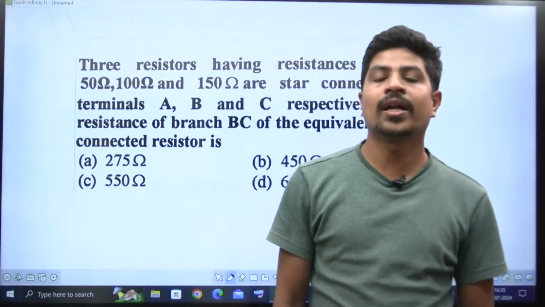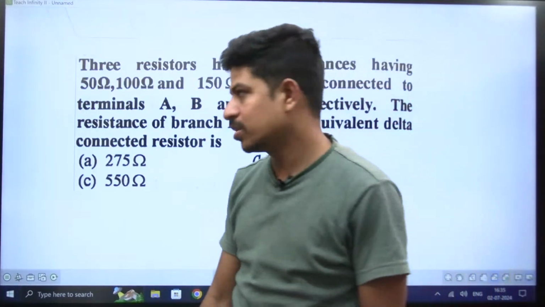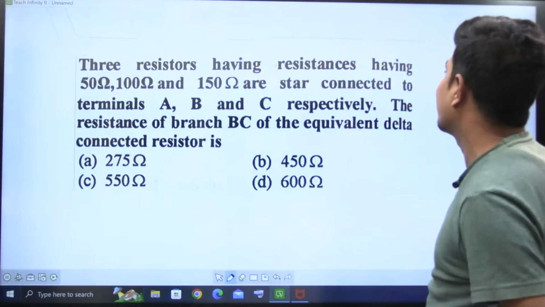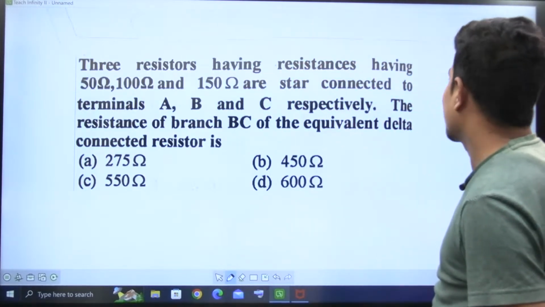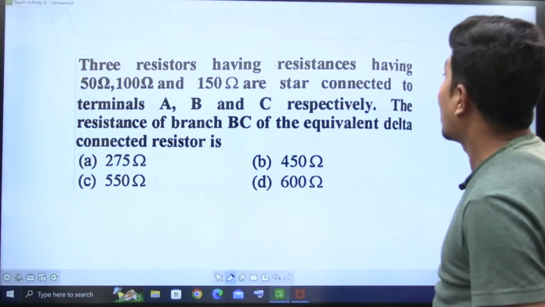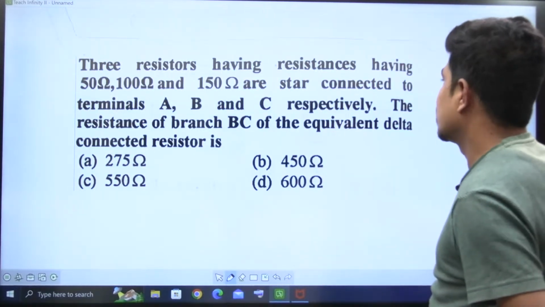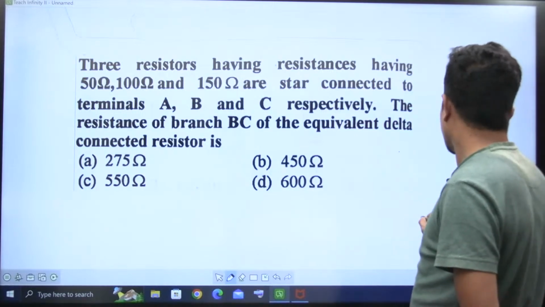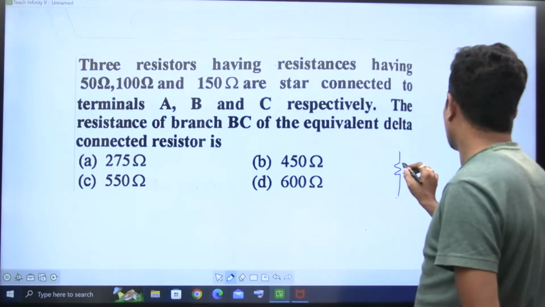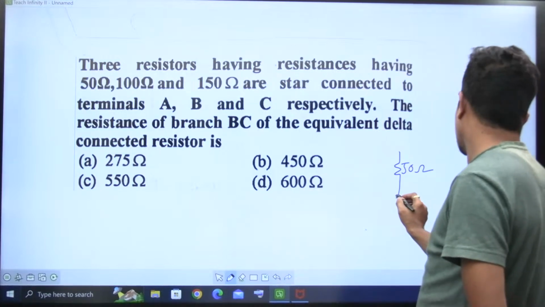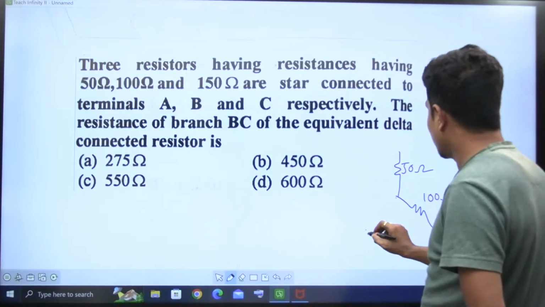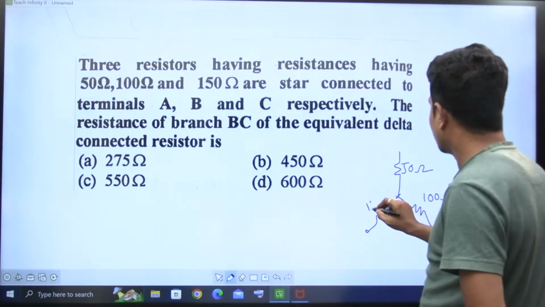Let's enter into the problems. What is the first problem? The resistors having resistances 50 ohms, 100 ohms, and 150 ohms are star connected to terminals A, B, C. Let's take this one as 50 ohm, this one as 100 ohm, and this one as 150 ohms.